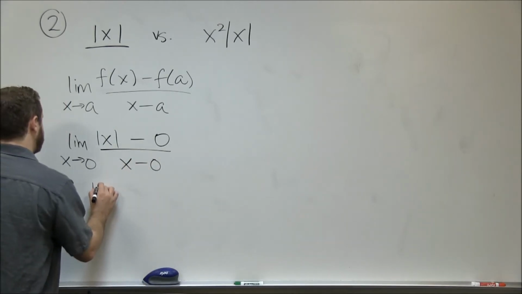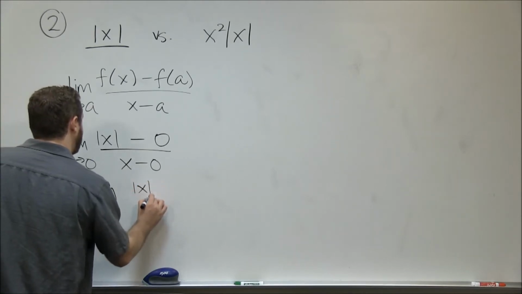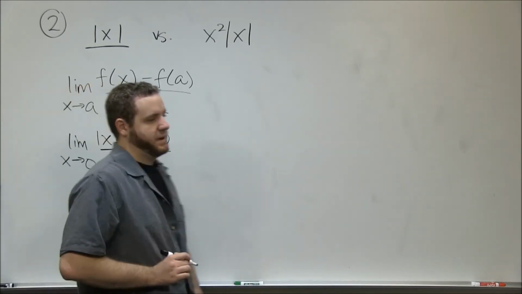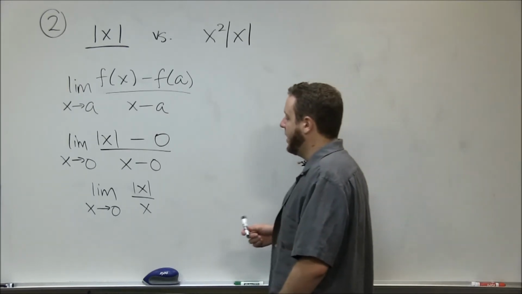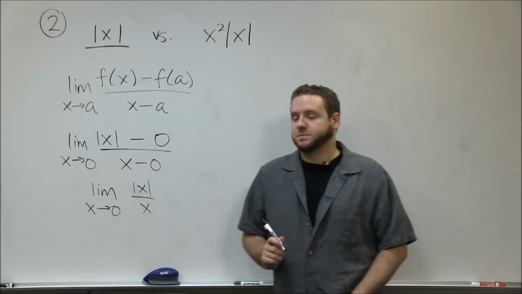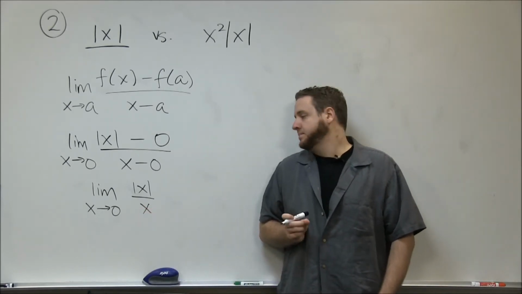You can see this simplifies to the limit as x approaches 0 of absolute value of x over x. So here's the problem. First of all, you can't plug in 0 to this because you get an indeterminate answer, 0 divided by 0.